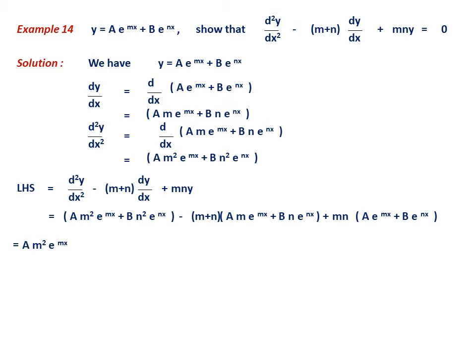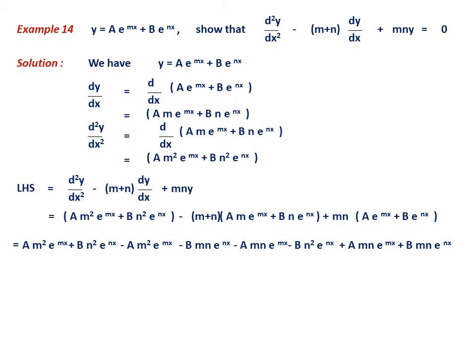Let us do it. Say this equals a m square e power mx plus b n square e power nx minus, see, you can simplify like this: m into a m into e power mx is minus a m square e power mx, because minus is there. That means I am multiplying by m. Similarly minus b mn e power nx, then similarly minus a mn e power mx, that is removing the bracket. Then the last one, a mn e power mx plus b mn e power nx.